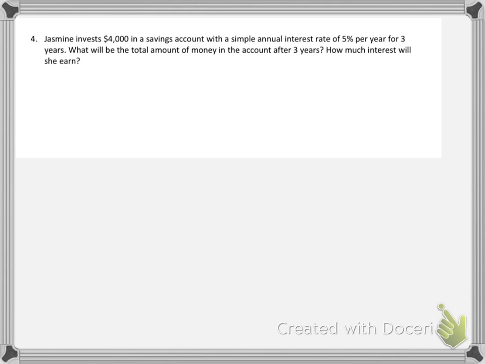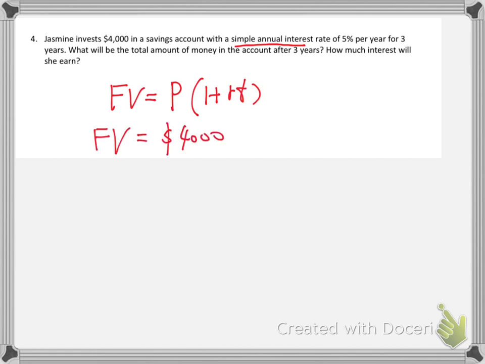So now starting from number 4, we have some finance problems. So the first one is simple interest. So what's the simple interest formula? The future value is the principal times 1 plus rt. For this example, the principal is the $4,000 in the beginning.